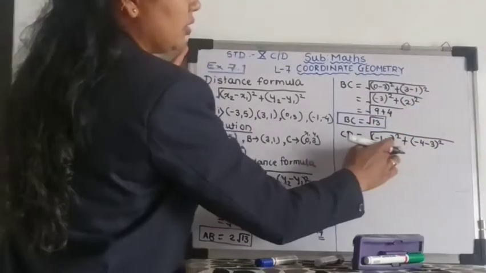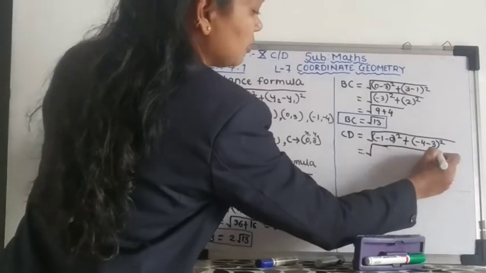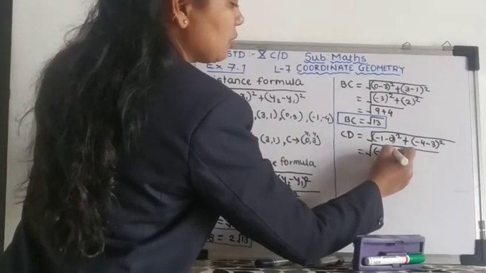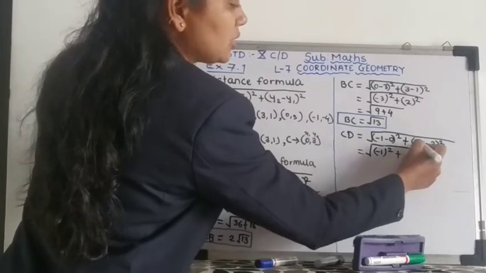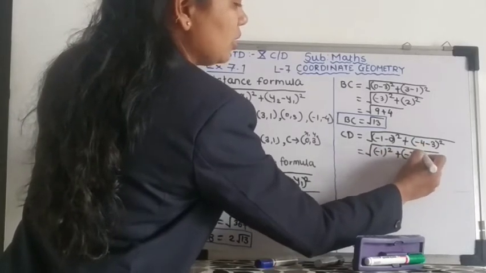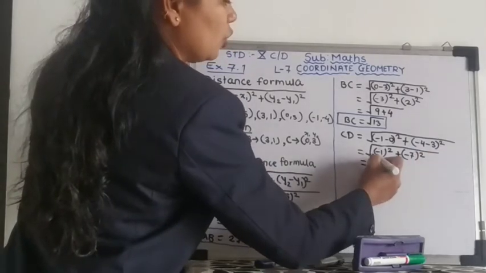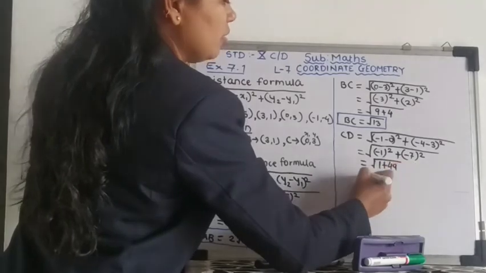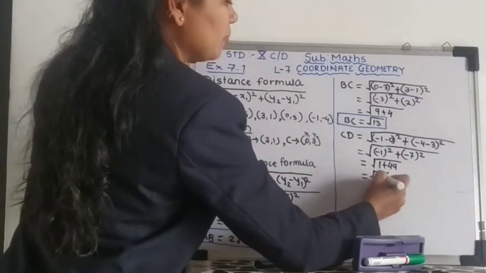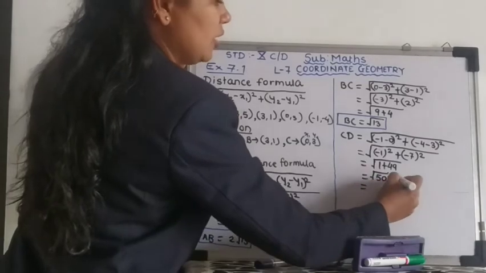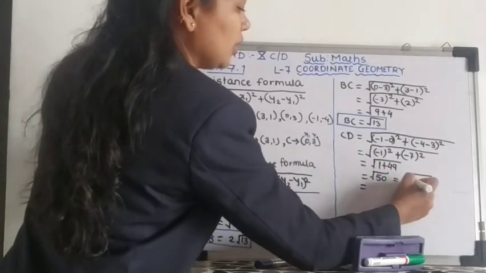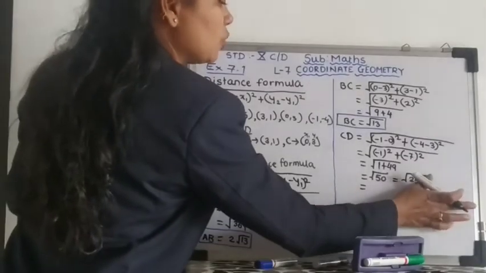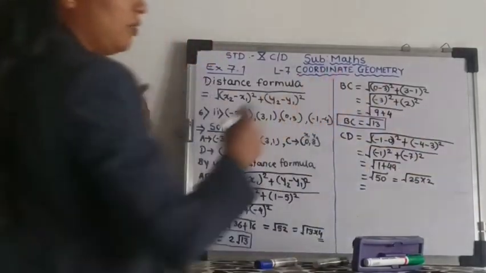Minus 1 squared is plus 1 only. So in the next step we'll write minus 7 and their square. So we got 1 plus 49, which equals root 50. Now what is this root 50? It is 25 times 2, and 25 is the complete square of 5.